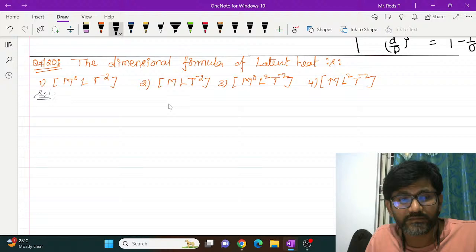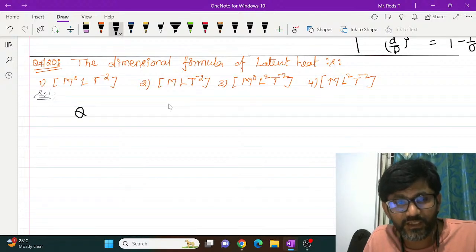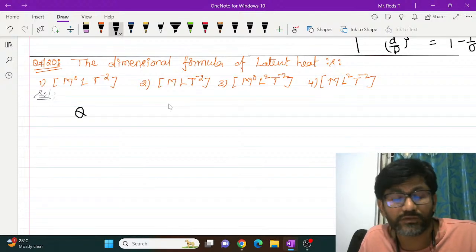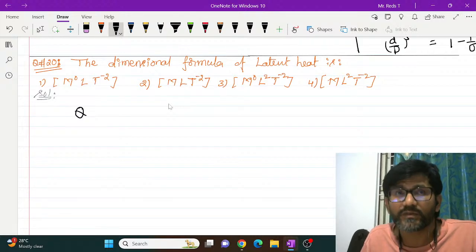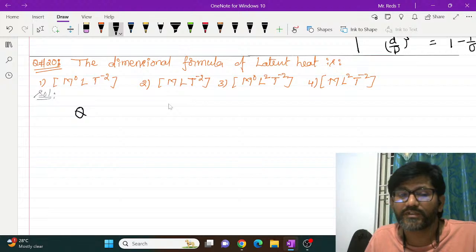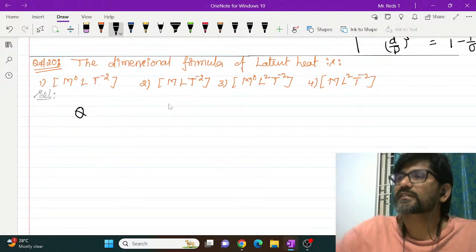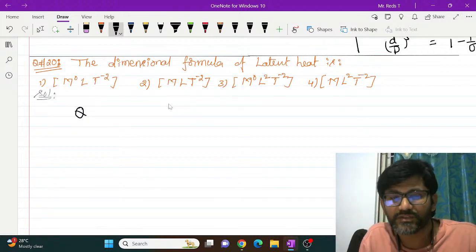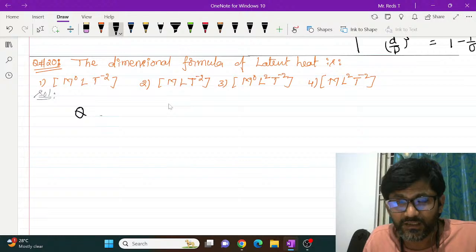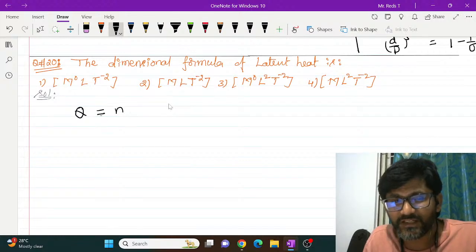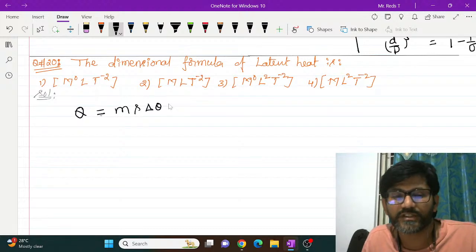Latent heat relates with this formula in thermal properties of matter, while discussing the transfer of heat. If you supply heat, and the supplied heat is used for raising temperature without change of state, then that heat supplied can be expressed as m s into delta theta, where delta theta is change in temperature.